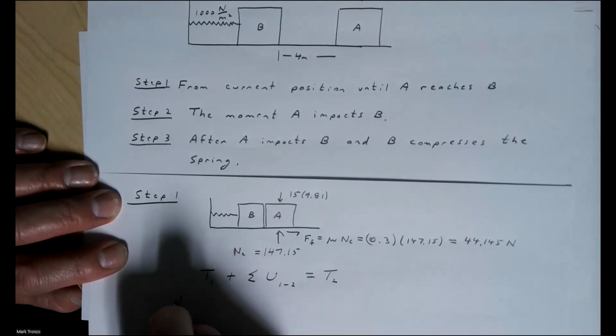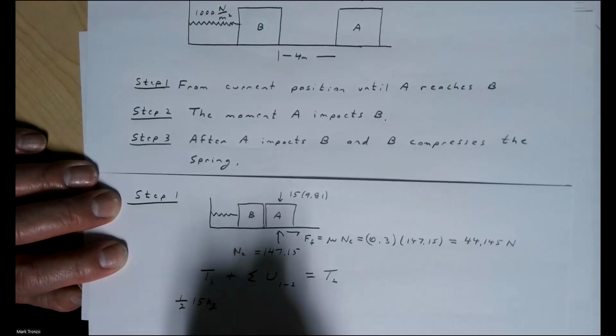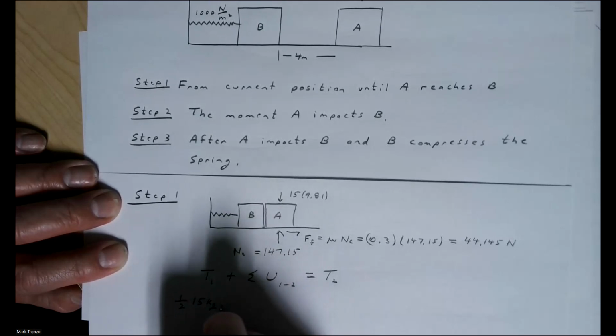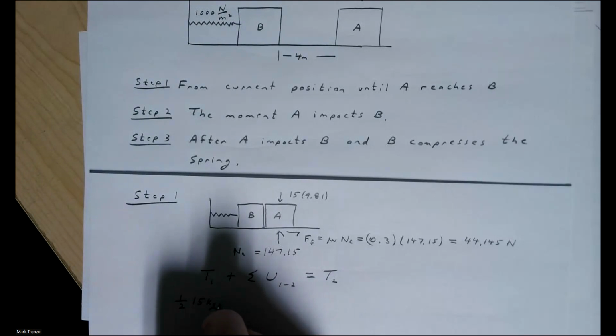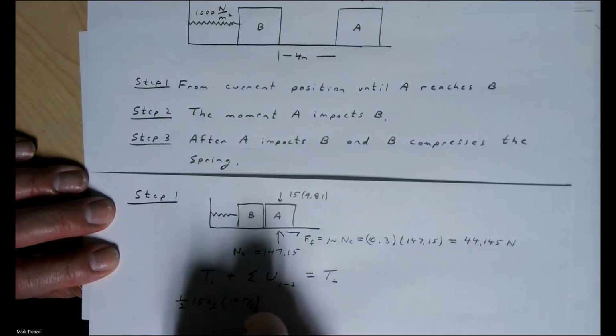Again, T1 plus the sum of U 1 to 2 is T2. And remember, this is energy, 1/2 the mass, which was 15 kilograms for A, 1/2, and then the velocity squared. And we're told that the initial velocity was 10 meters per second.